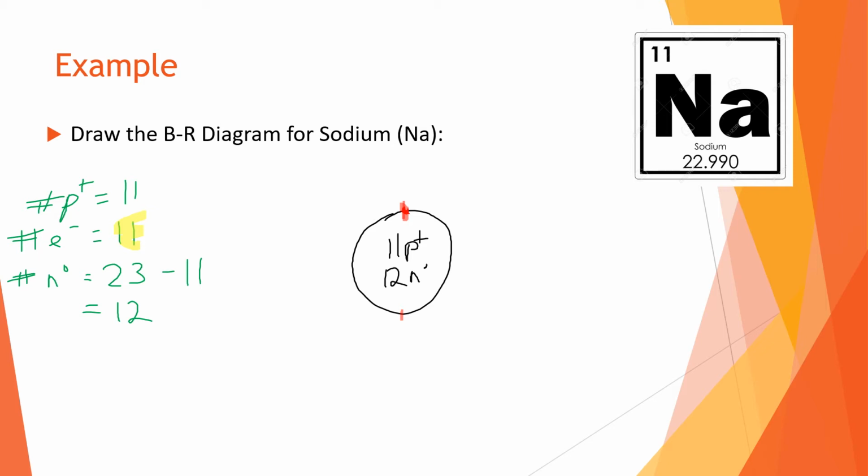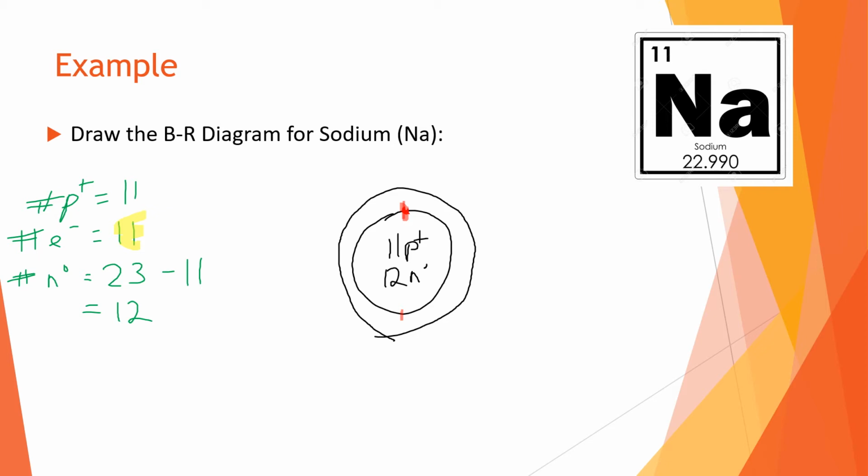Now I'm going to draw my second orbit. So I've already placed 2 electrons, which means that I still have 9 left to place. Well, I know my second orbit can only hold 8, so I'm going to fill it, okay, because we're still going to need to place 1 more.